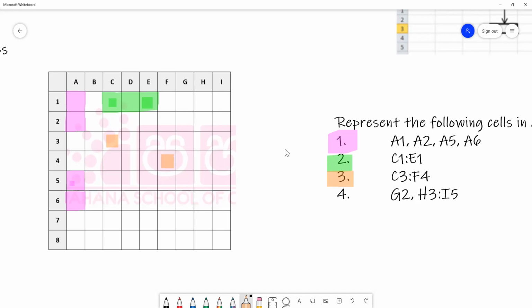So that means this whole area, right? So C3 to F4. We will have C3 to F4.